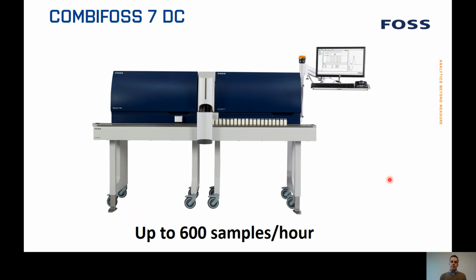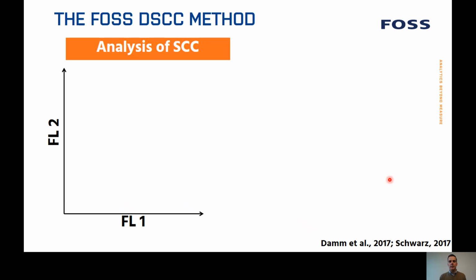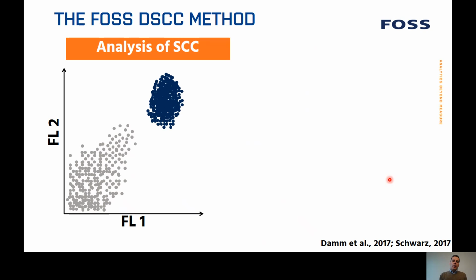About the technology, the instrument where we can analyze the differential somatic cell count parameter on is called Somatic 7DC. We launched it of the CombiFos 7DC, which consists of both Milkoscan and Somatic. And this technology can analyze up to 600 samples per hour. What exactly is done on the instrument?